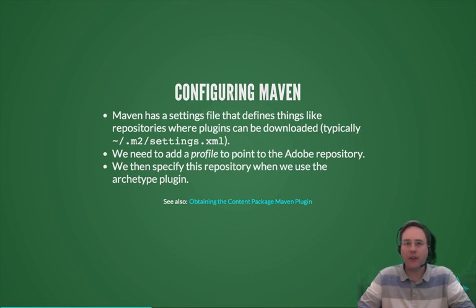Maven has a central settings file which defines things like what repositories it can use to download plugins, and this file is typically in your .m2 settings.xml. The first thing we need to do is add a profile that will point to the Adobe repository. This profile explains to Maven where it can find the Adobe plugins, and we're going to be specifying that repository a little bit later on when we start using the Maven archetype plugin.